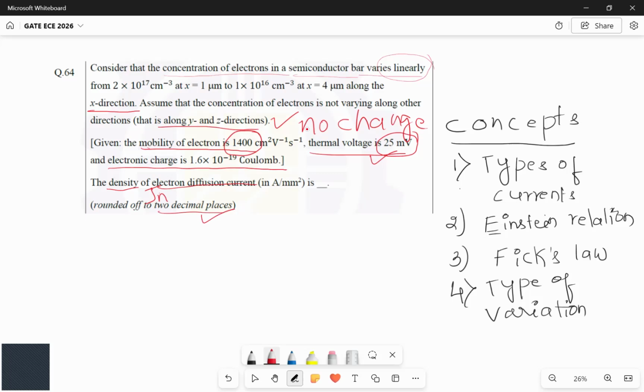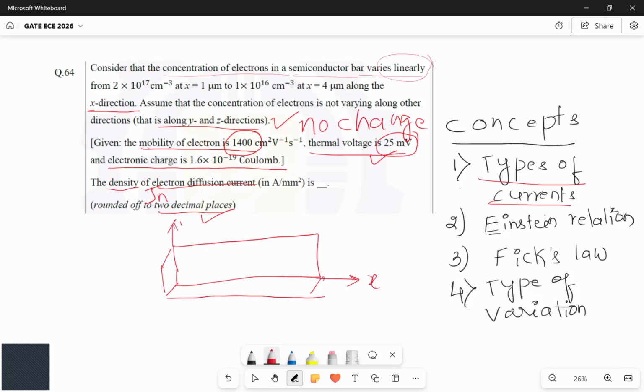To solve this question, we need to understand a few concepts. So the first concept is types of current in a semiconductor bar. Suppose we have a semiconductor bar. This is our x direction, this is our y direction, and this is our z direction.